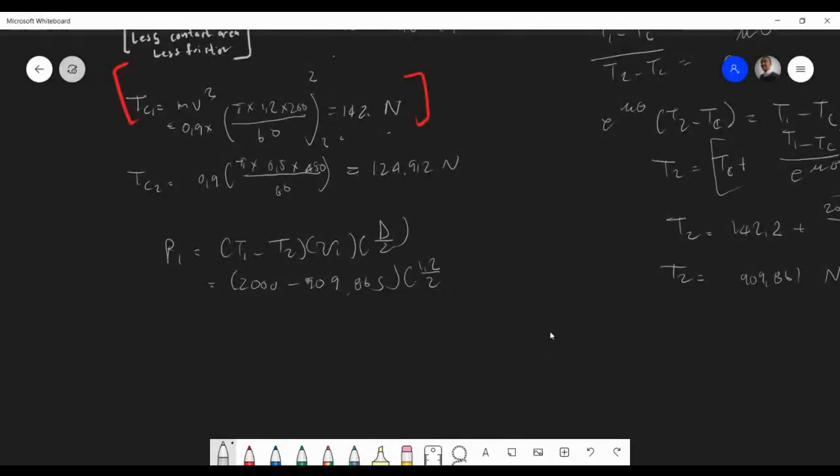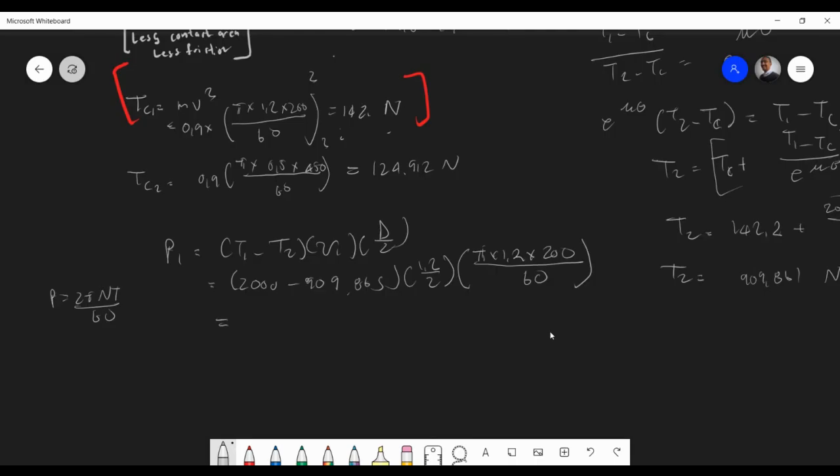Alternatively, we could have used P equals 2 pi nT over 60. Same thing. So for our velocity, we say pi times 1.2 times the speed it is rotating at, 200 revs, divided by 60, right?